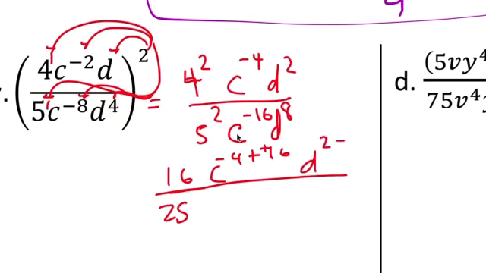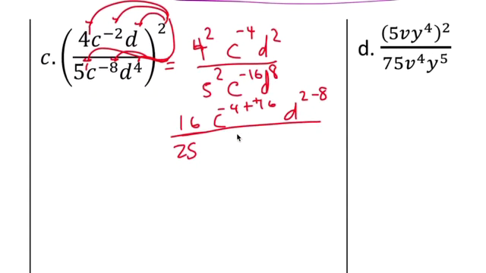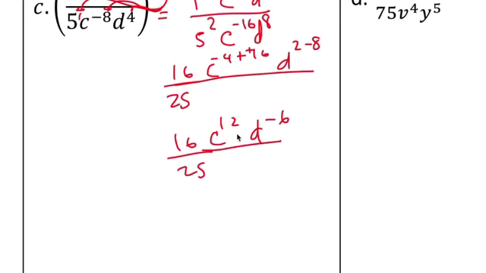D second minus 8, so your answer is 16 over 25, C to the 12th, D to the negative 6. Final answer, C to the 12th, D to the 6.